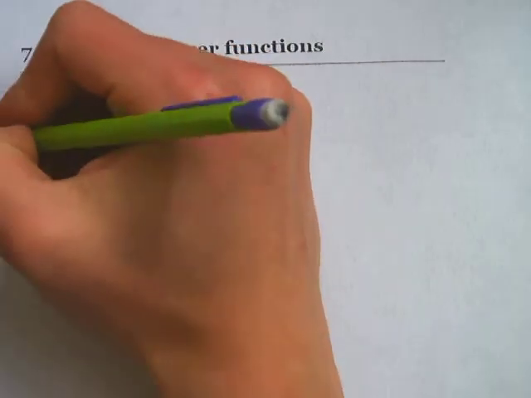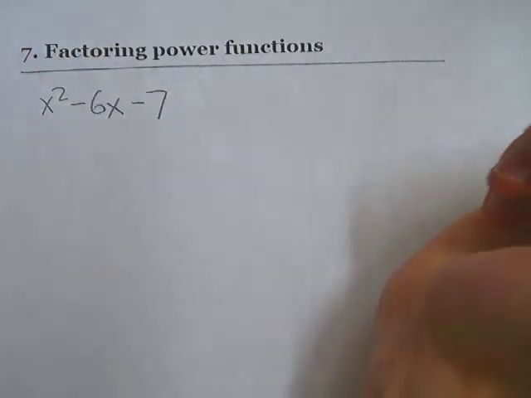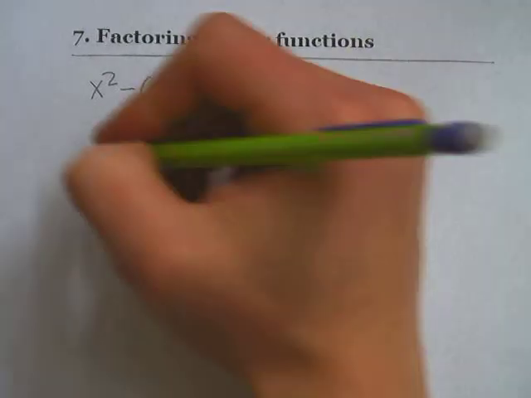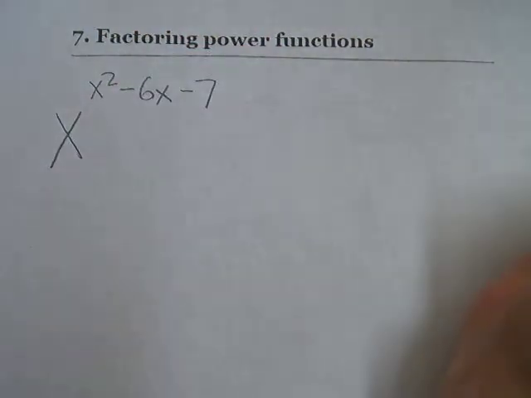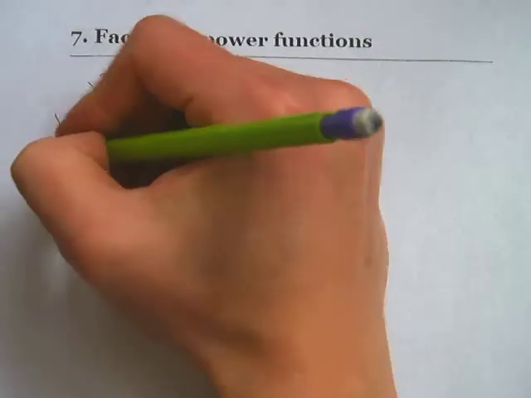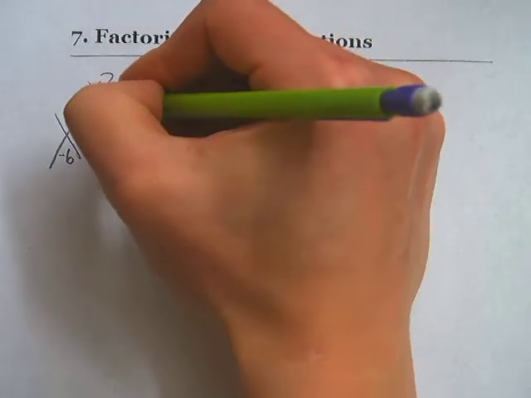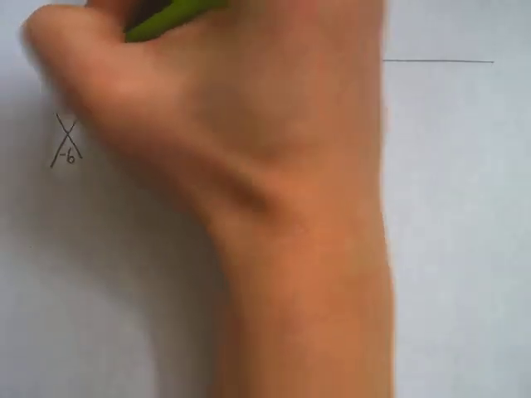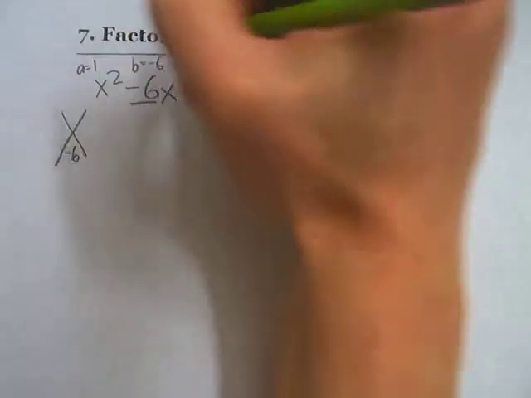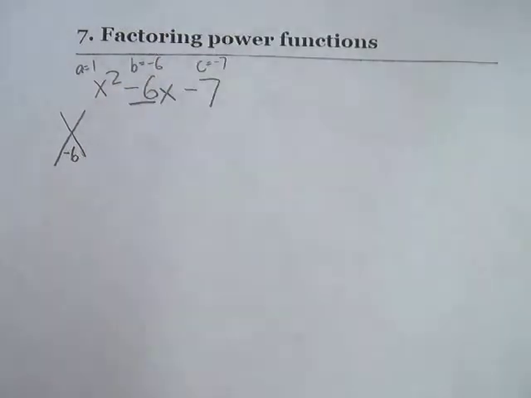There are two ways that are most commonly seen here at Liberty. The first is you throw your base in the bottom, -6, that's the B term. The A coefficient is 1, the B coefficient is -6, the C coefficient is -7.